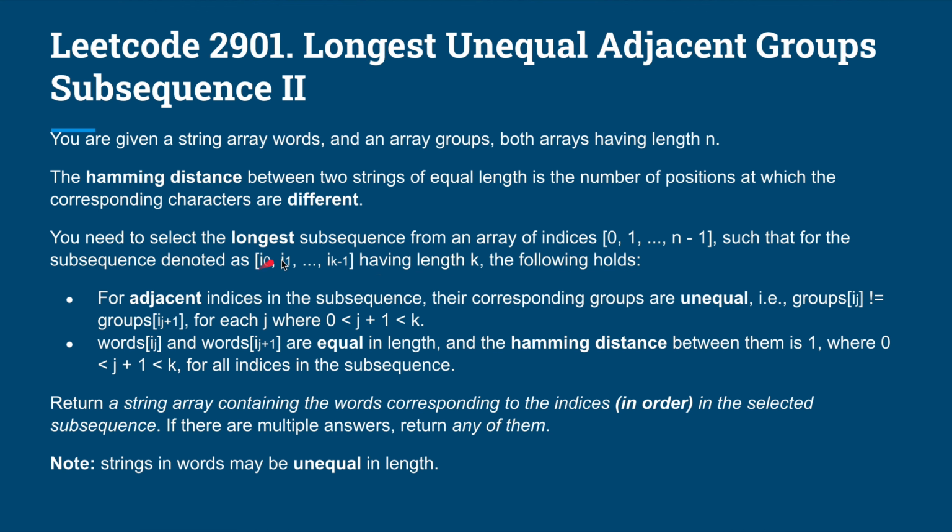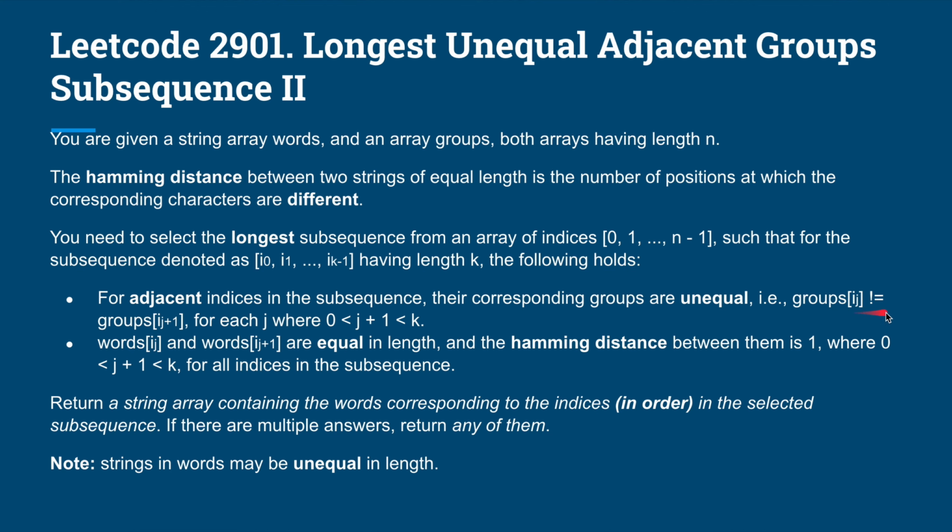These values are the sequence we are talking about, and they hold some rules. For adjacent indices in the subsequence, adjacent meaning just next to each other, the neighbor indices, their corresponding groups are unequal.